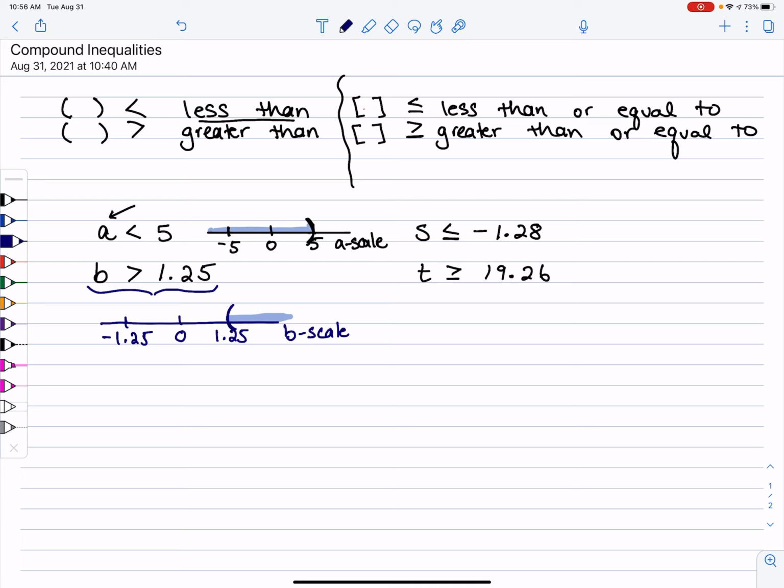Let's go to the third example. S is less than negative 1.28. So let's say we have the number line here. And remember, we're talking about the variable S, so this will be an S scale.